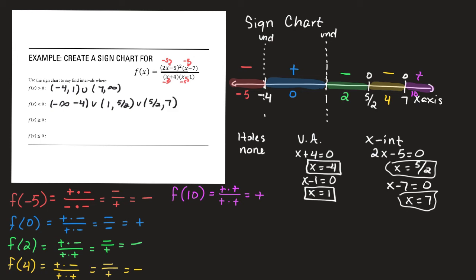Okay, I got -infinity to -4, union 1 to 5/2, and then 5/2 to 7. Again, just talking about the sections where the graph is negative or less than 0.